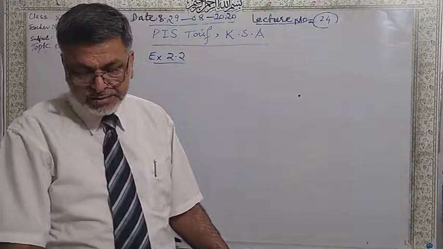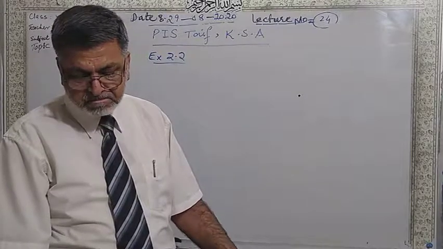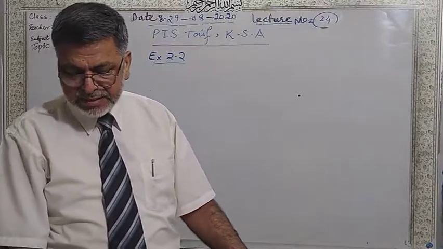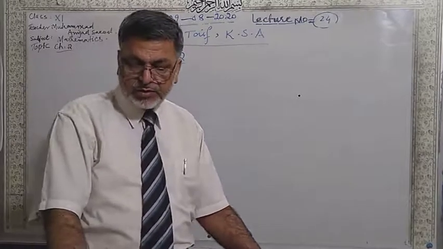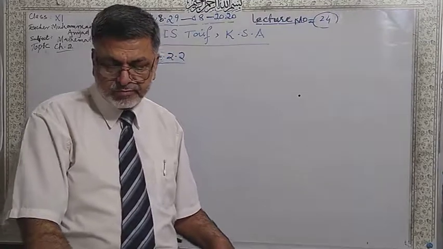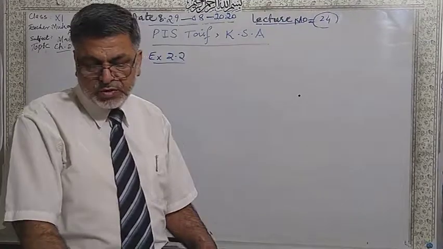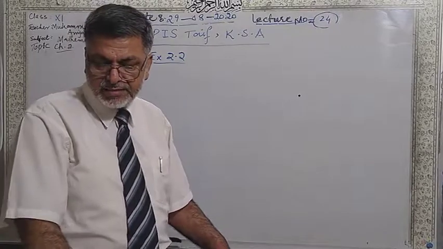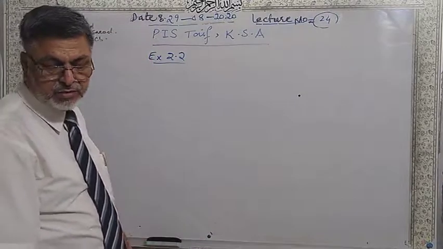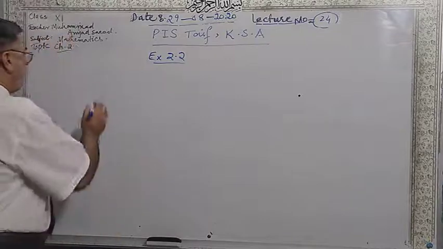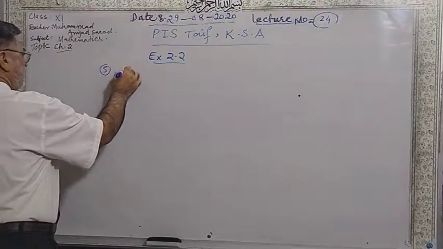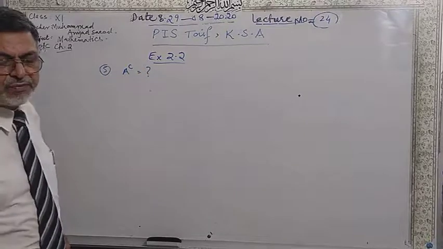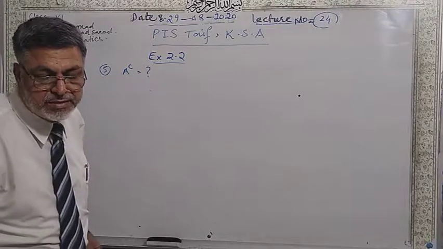After that, question number 5: using Venn diagram if necessary, find a single set equal to the following. Number 5, A complement. You have to find A complement.